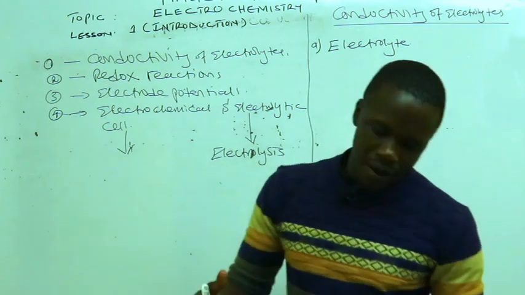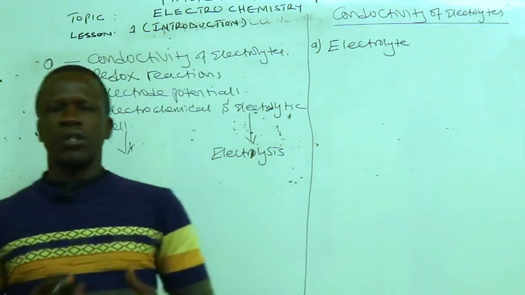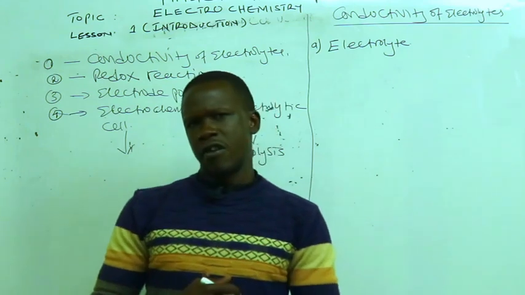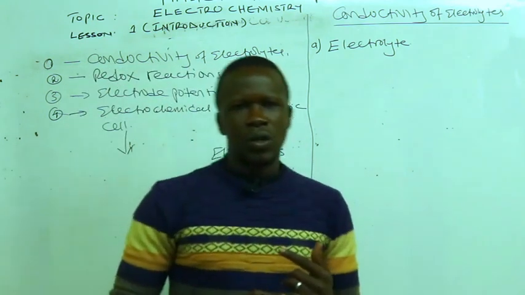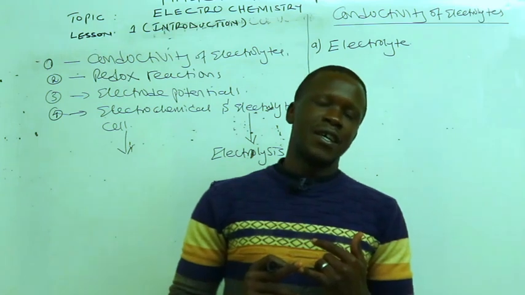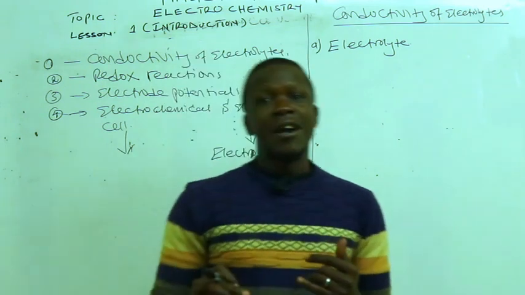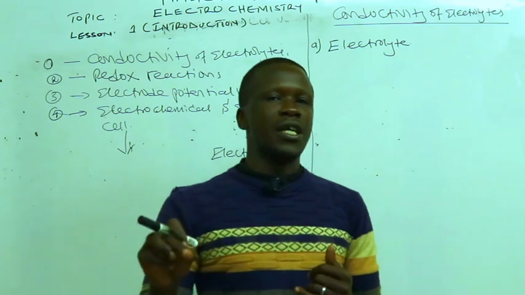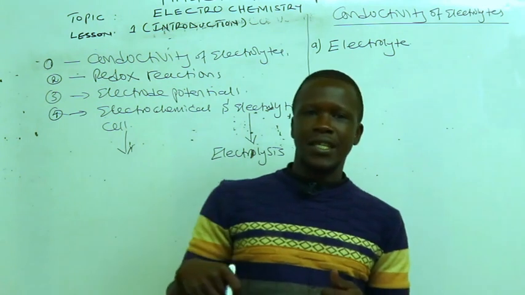Or what are electrolytes? Now, a substance is going to be defined as an electrolyte if it can conduct electricity when in molten state or when dissolved in water, but cannot conduct electricity in a solid state.